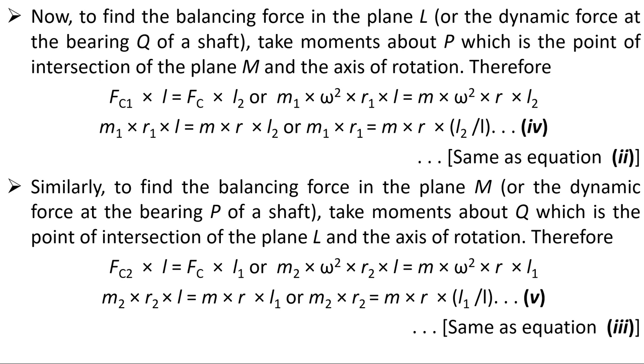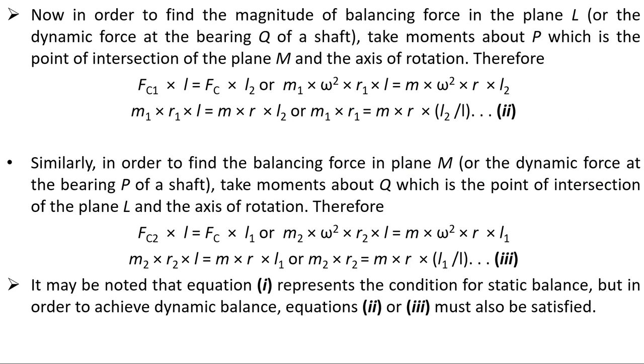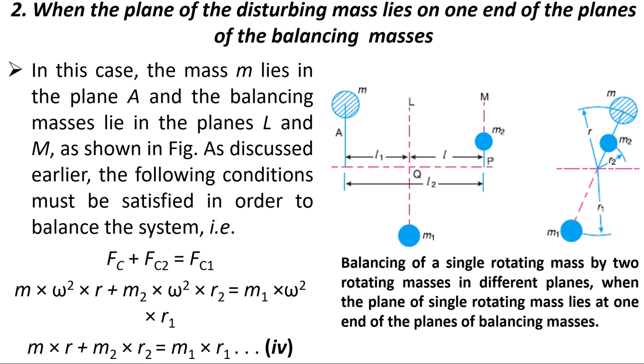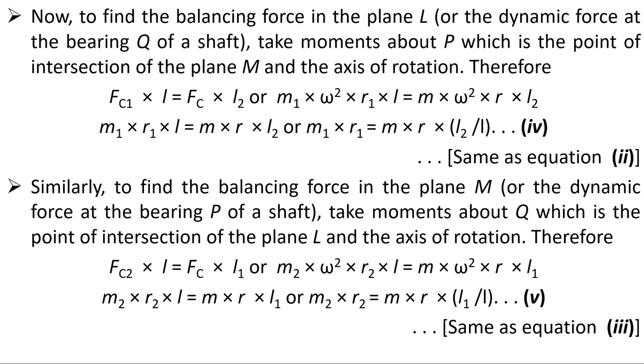Next part is finding the balancing force of the plane M, that is the dynamic force about bearing P of the shaft. You get the same equation as equation number 3, that is m2 into r2 equal to m into r into L1 by L. So whichever planes you take, whether shifted to the center, the left side or the right side, the equation remains the same.